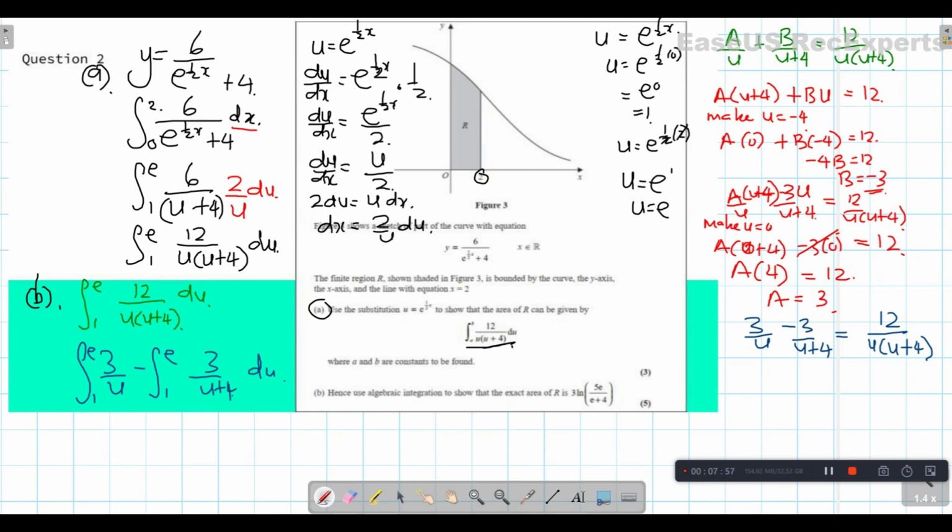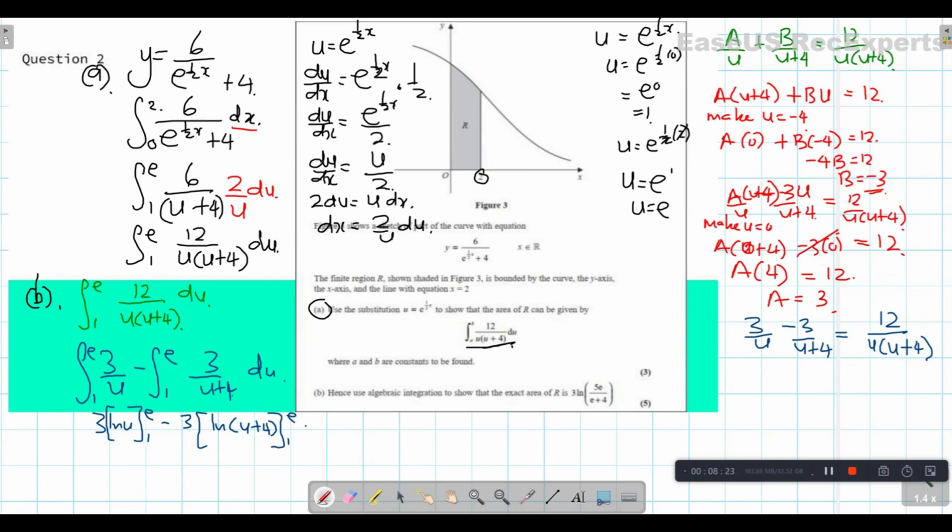When you integrate the first one, you get 3 ln u, with limits 1 to e, and then minus 3 ln of u plus 4, limits 1 to e.